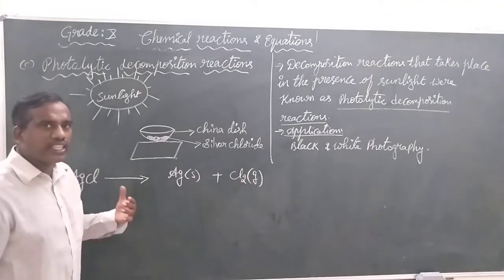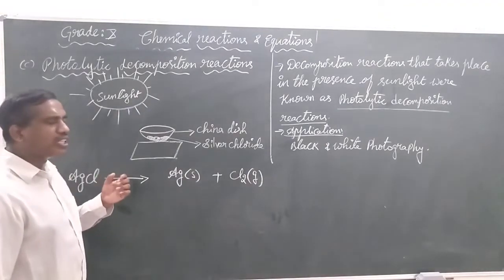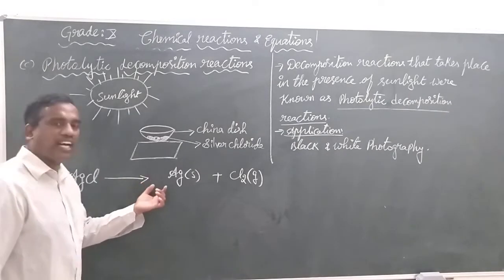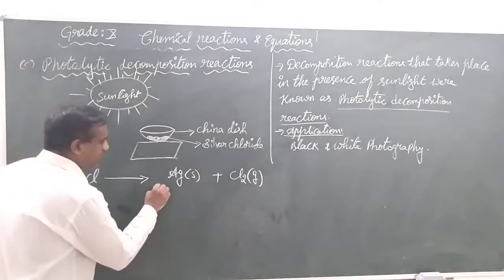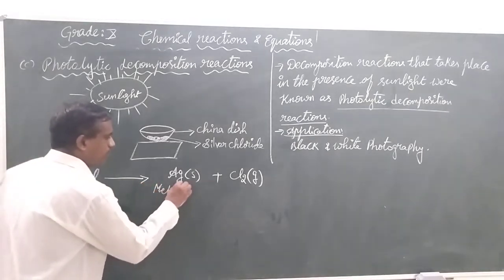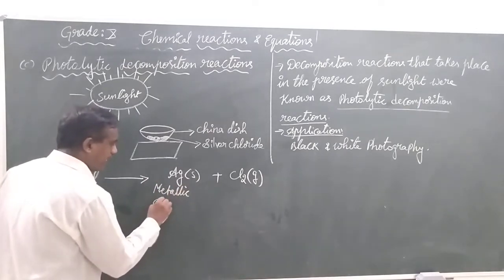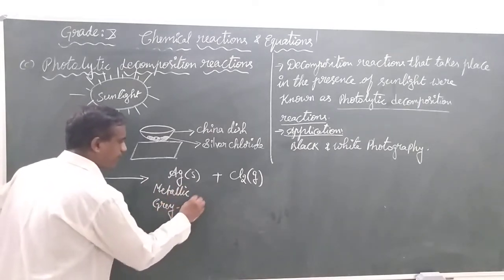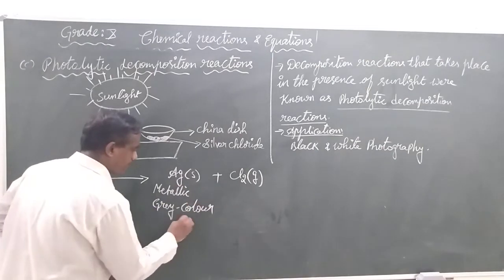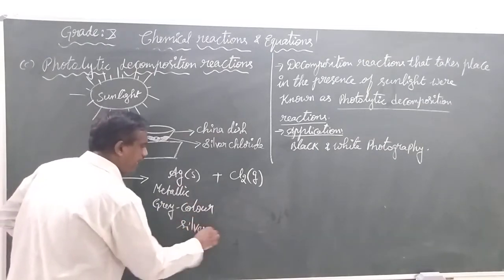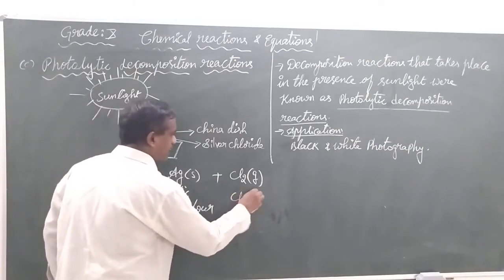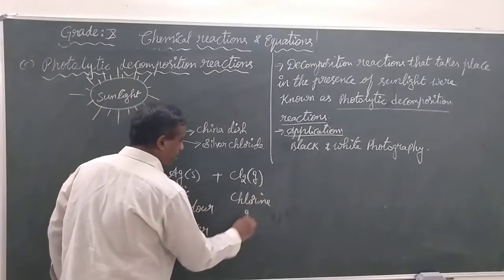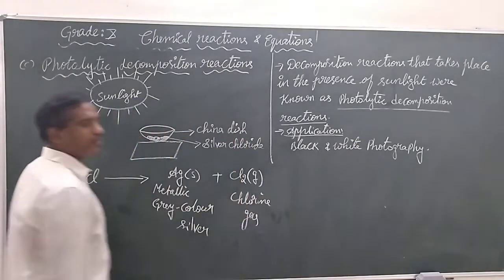At the end of the reaction, what are the products? Metallic grey color silver, and chlorine gas that is going to escape from the container.